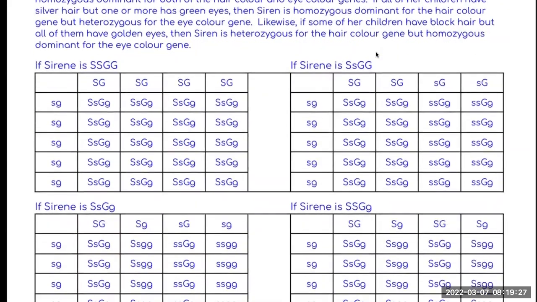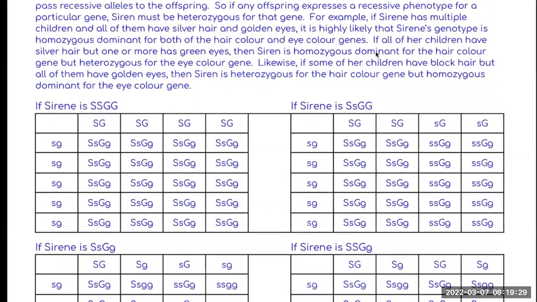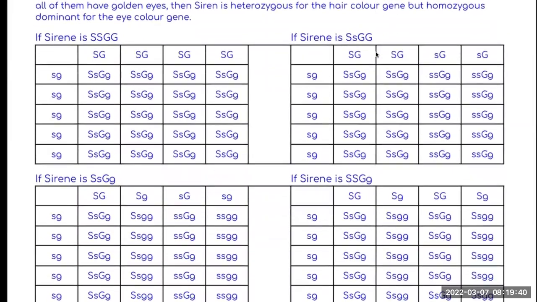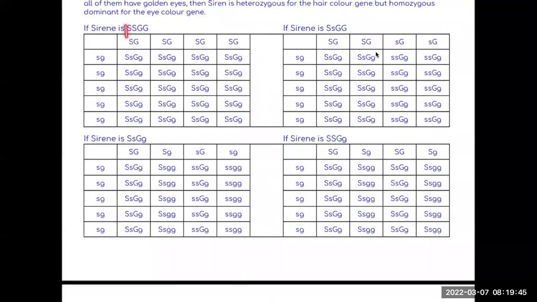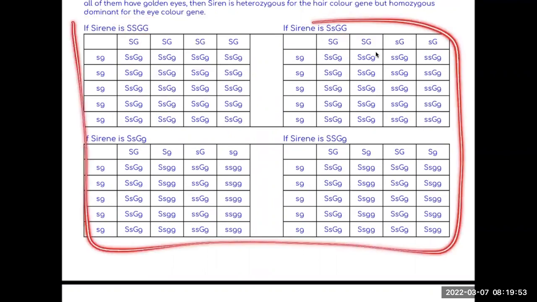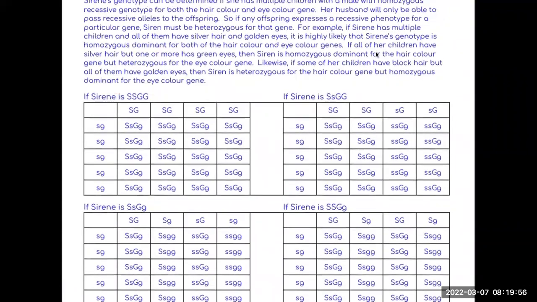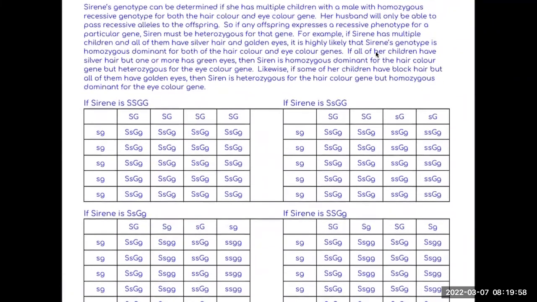So I've listed in words, for example, if her children show this kind of phenotype, then Serine must have this kind of genotype. I've listed all the possible outcomes of all 4 of the possible genotypes. Now, you don't have to do all of these if you were able to express things in words, just like that.